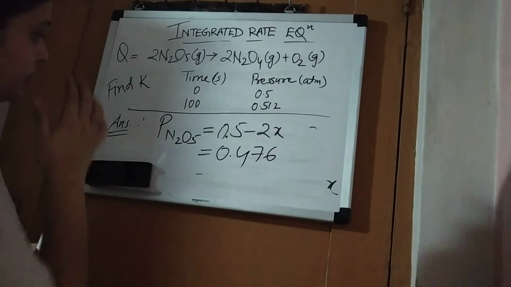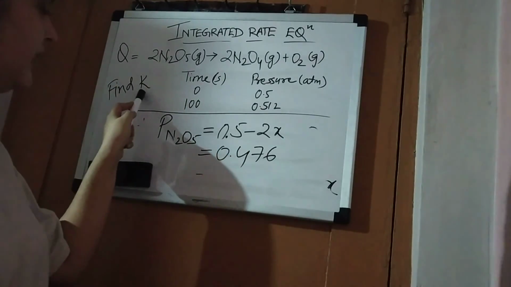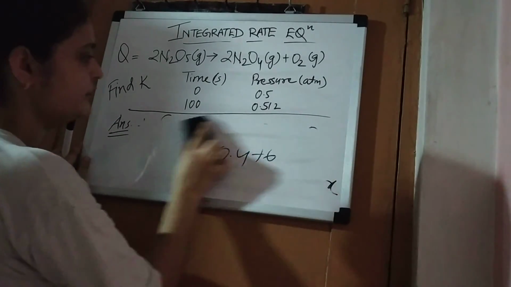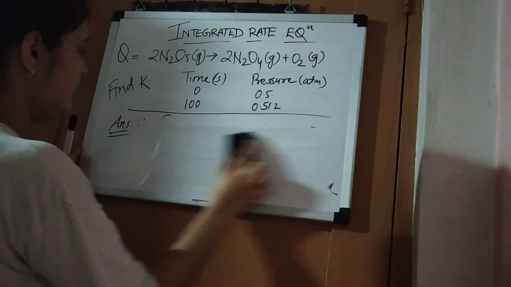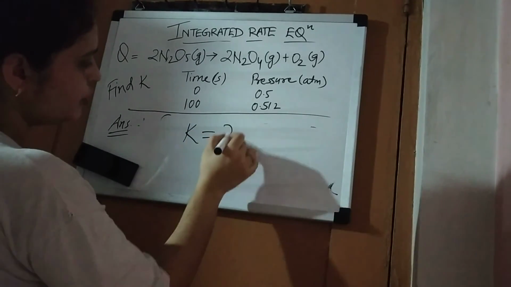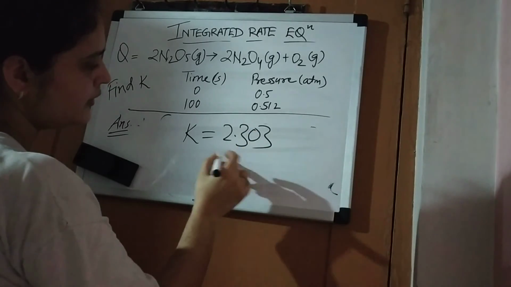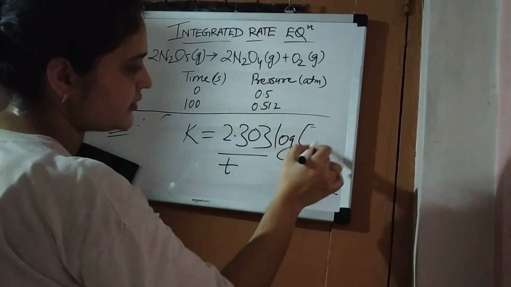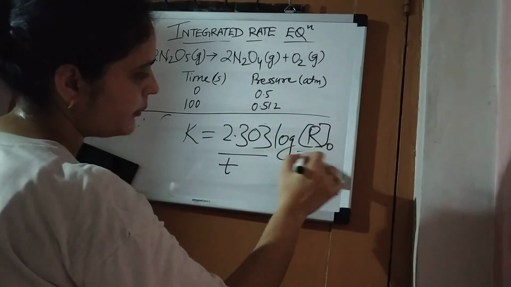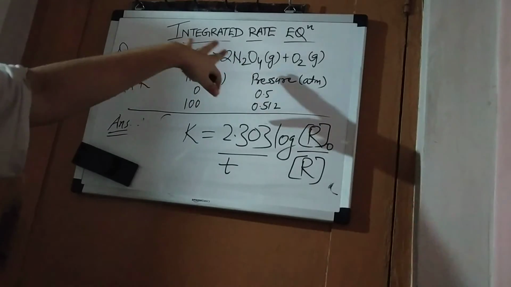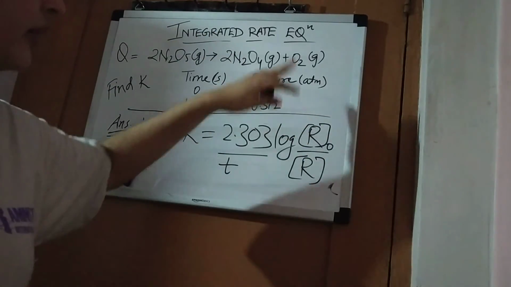So now we need to find out k, and we have all the quantities. Now you know that k = (2.303/t) log(R0/R), you have studied that, right? But here the reactant concentration is not given, here pressure is given.